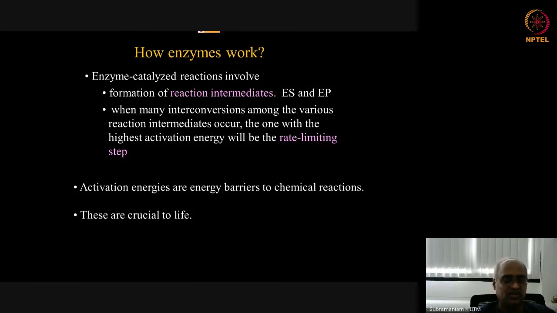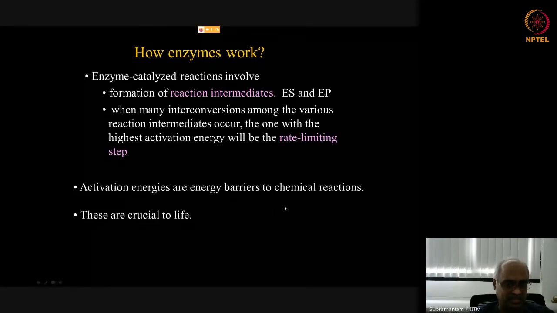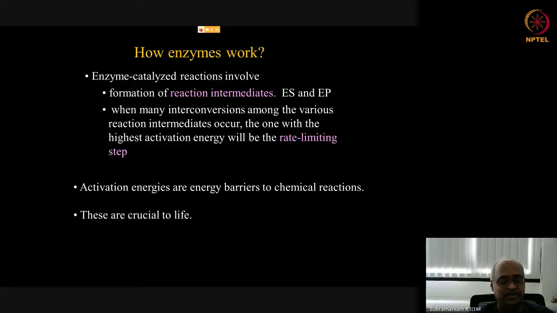Okay, so such energy barriers in biology are essential to make sure the right reactions happen at the right time and large complex molecular assemblies or large molecules are actually stable. They don't readily break down into products.